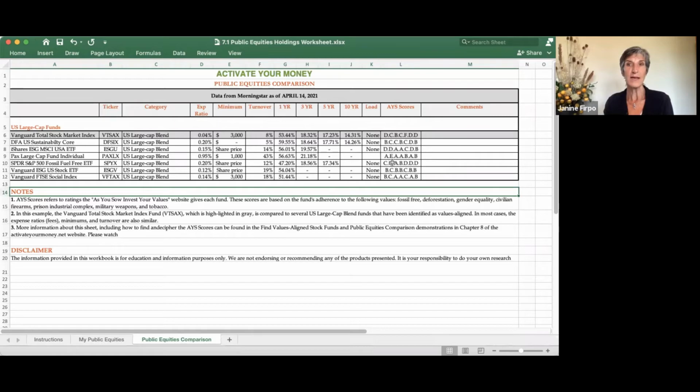The E stands for the fact that one of the scores is a shield. And what the shield means in AYS is that this particular fund manager, i.e. PAX, is really a strong advocate in terms of shareholder advocacy and is doing a lot of that kind of work. So that is what that means in that particular area.